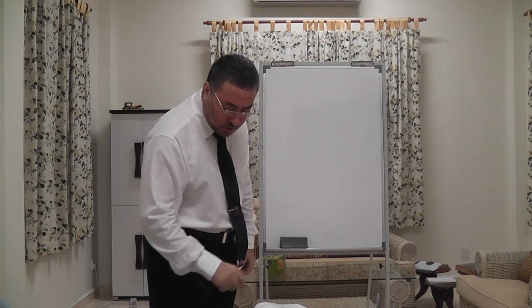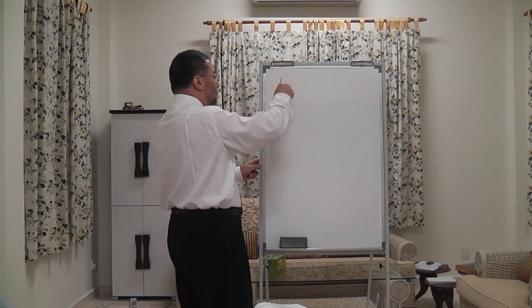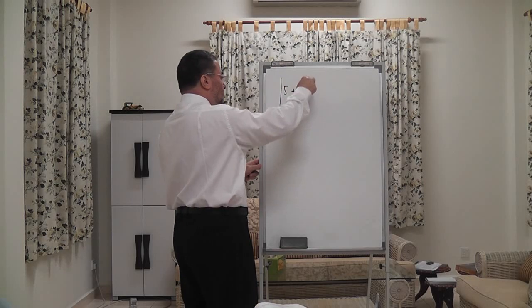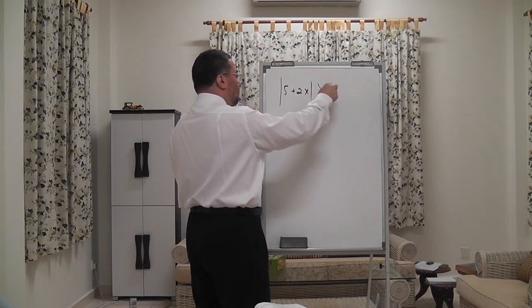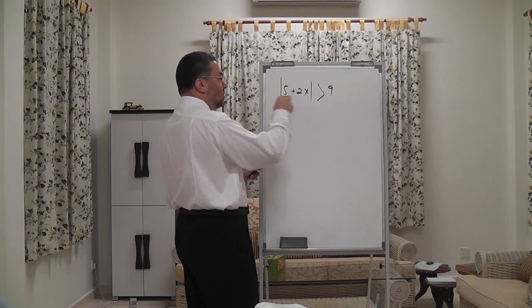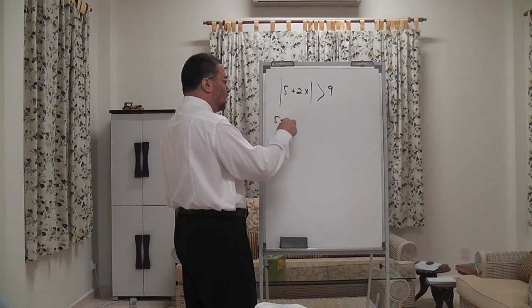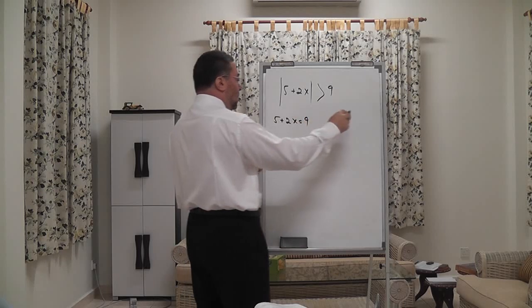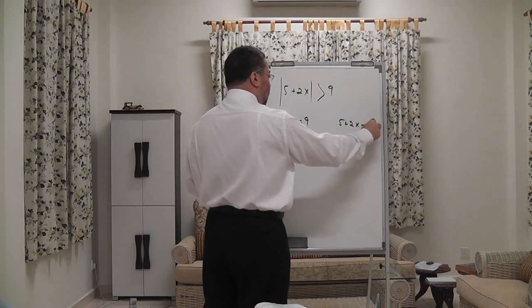Next, number 32, absolute 5 plus 2x more than 9. Here again, we generate two equations, one with a positive 9 and one with a negative 9. So 5 plus 2x equals 9, and the other one will be 5 plus 2x equals minus 9.